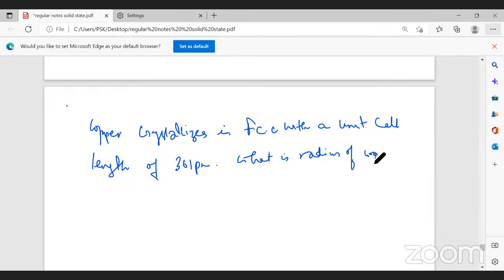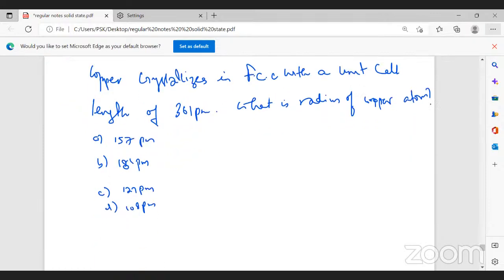This is the question. Option A is 157 picometers. B is 181 picometer. C is 127 picometer. And D is 108 picometer. Someone tell me the answer.